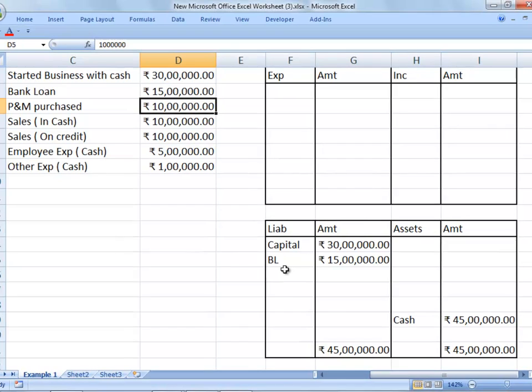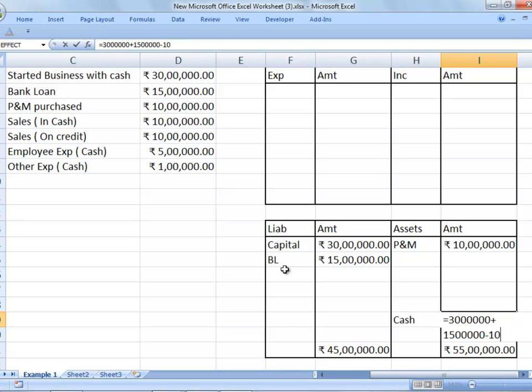Next one, plant and machinery purchased, 10 lakh. Plant and machinery is an asset. So plant and machinery here is 10 lakhs. The second effect would be that cash will reduce by 10 lakhs. So now cash is 35. Again the balance sheet total is 45.